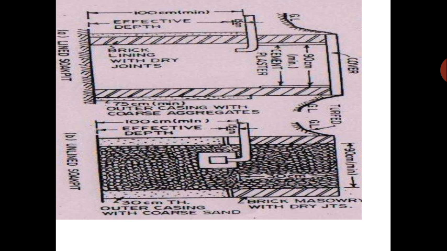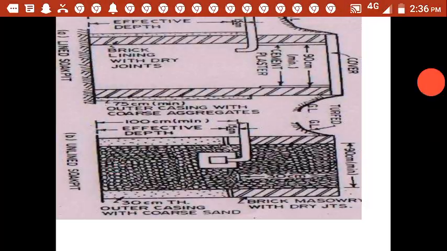You can see it is brick lining with dry joints. The second one is the unlined soak pit. There will not be any lining on the soak pit. Only the concrete is there, coarse, and they will not put any linings.